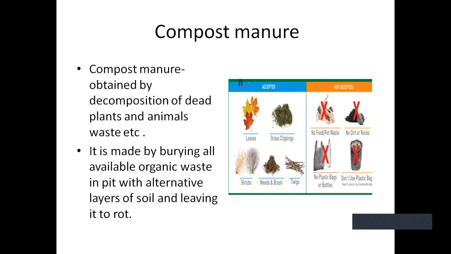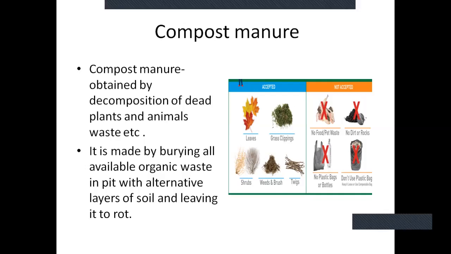Composting works on biodegradable substances, right? So if you are using a metal, a plastic bag, a plastic bottle, a stone, or dirt, or even food, that doesn't go in the compost. We should not put it in the compost, right? You should put in all the things that the farmer gets in the field, and that becomes compost.